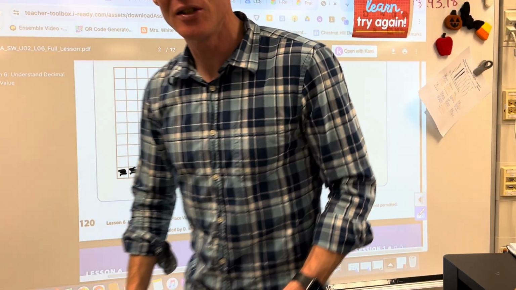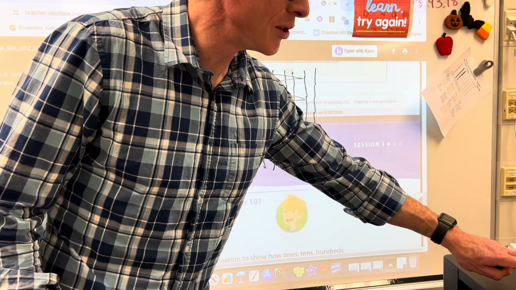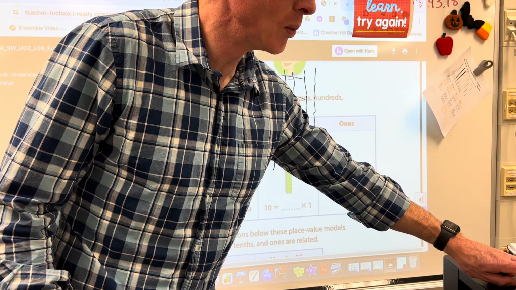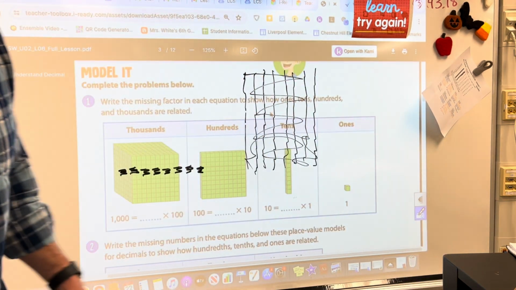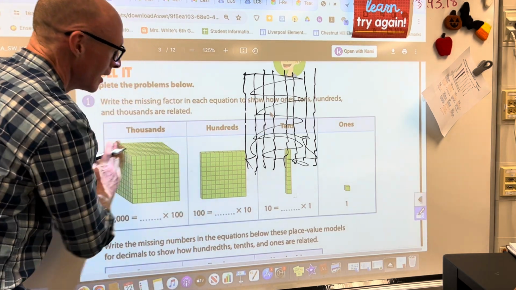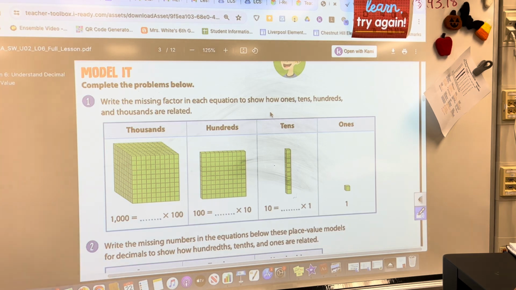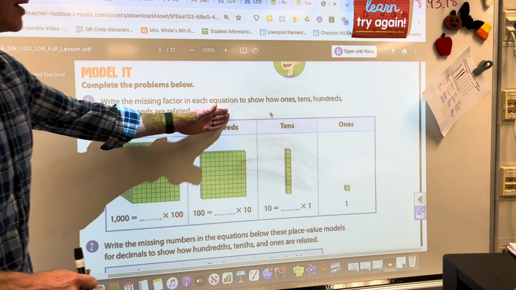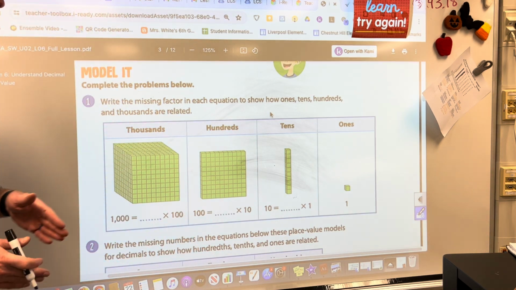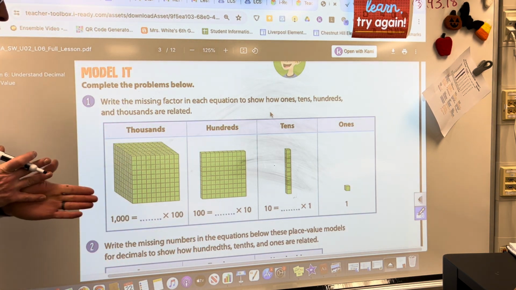Now, let's slide to the next page, which is your page 121. And we're going to take a little peek here. Again, whatever I write down, you should write down. So, write in the missing factor in each equation to show how ones, tens, hundreds, and thousands are related. Okay.